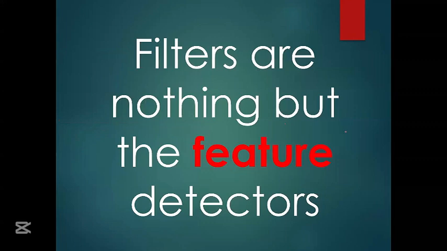In simple terms, filters are nothing but feature detectors. As I said, if we define a feature as a filter, then the filter will check all the components in the image. Then it will give the feature mapped output showing the location where the feature is matching.